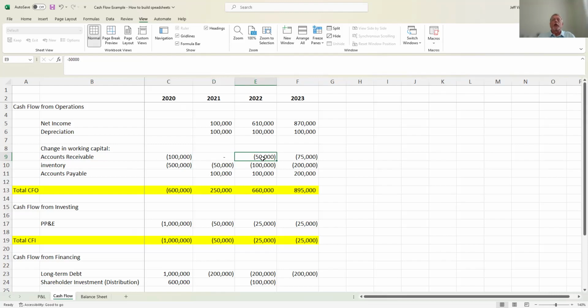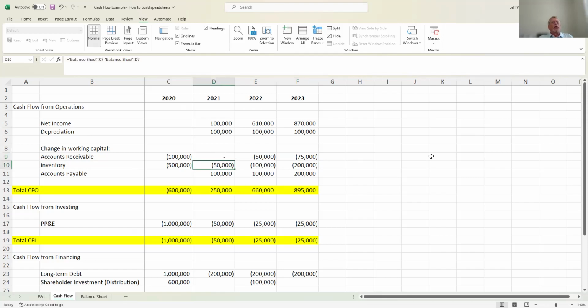It went from 100 to 150. In 2023, we added 75 more. It's going to 225,000, and all of that is a use of cash. If you didn't have those receivables, you'd have cash. So it's future cash. You've used cash to get there.